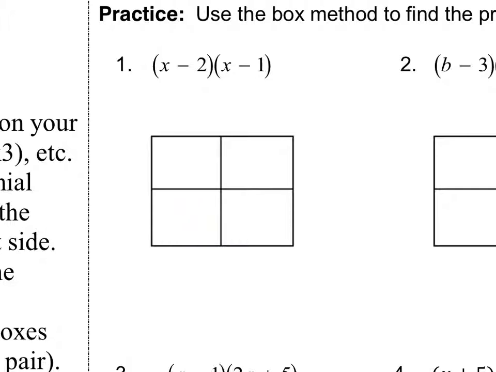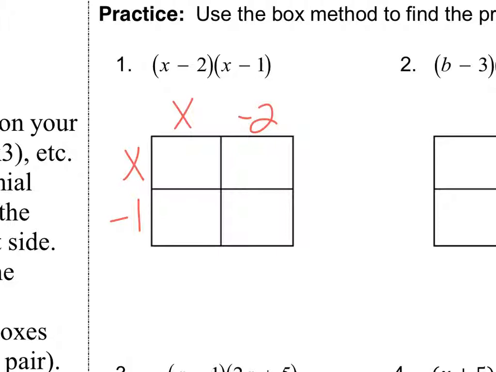The second step says I write one polynomial across the top. So I'm going to write x minus 2, and the other one down the left side, x minus 1. It doesn't matter which one I put on top and which one I put on the side, as long as they're both part of the same pair.